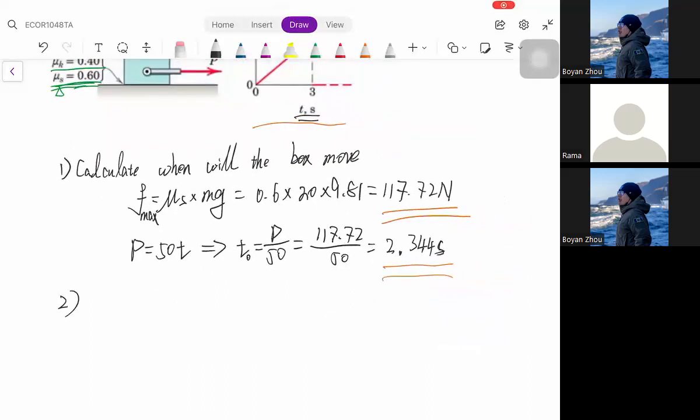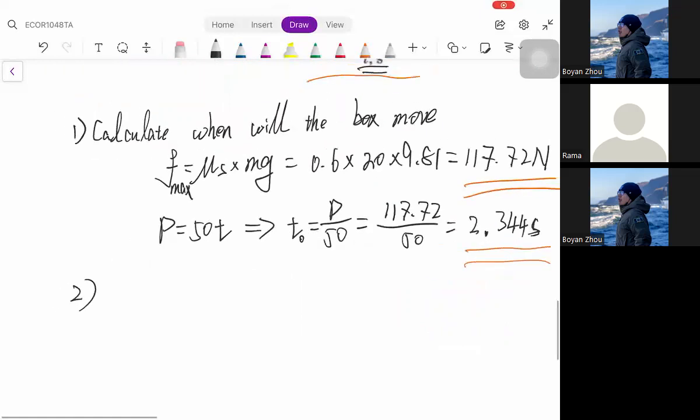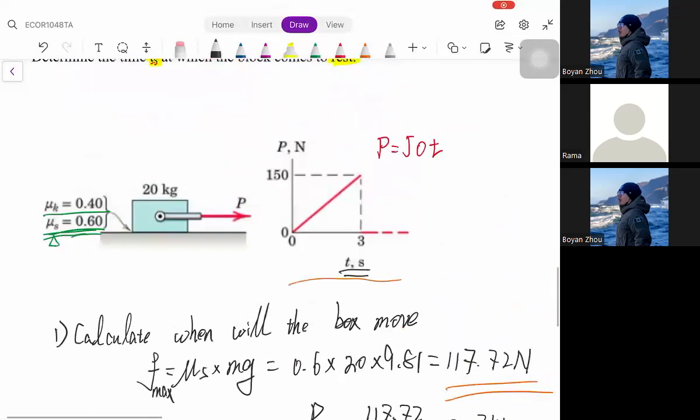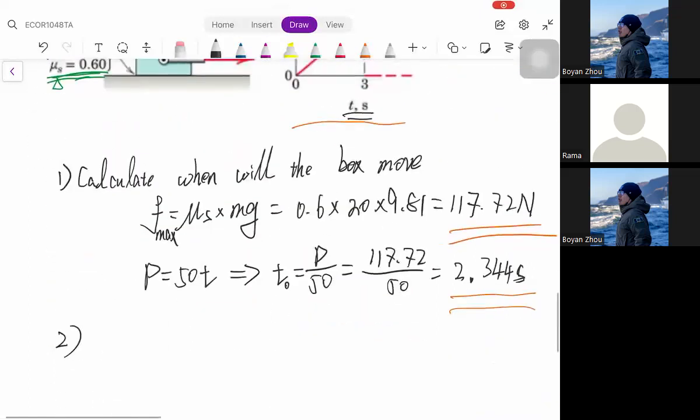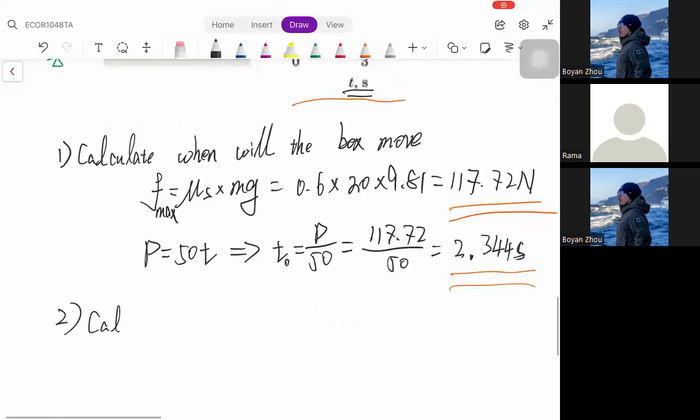So the next one, we're just going to calculate the time T. And we're also going to apply the conservation of momentum and impulse.